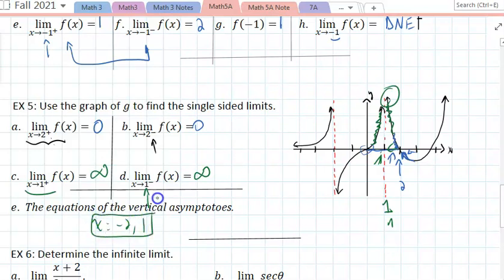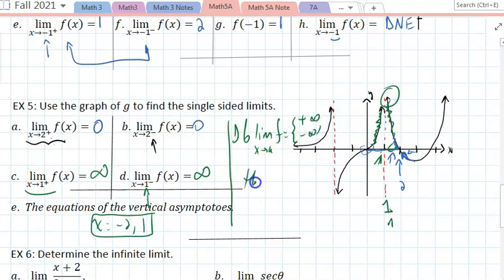So, the idea is, if the limit as x approaches a of f equals plus infinity or minus infinity, then x equals a is a vertical asymptote. That's the idea.